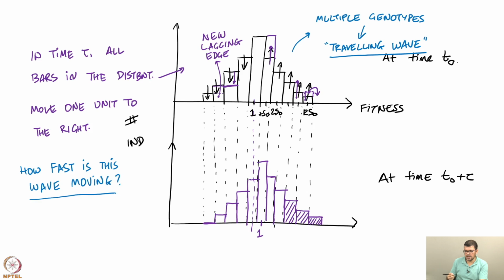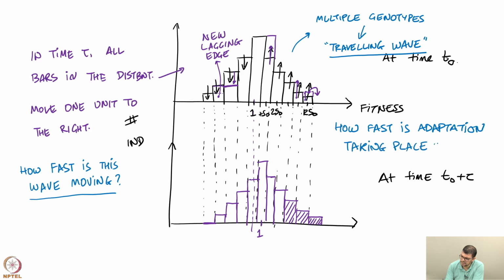This question also has another meaning, which we can ask as, how fast is adaptation taking place? And adaptation in this case is simply increase in fitness of the population. If you look at this picture in a slightly intuitive way, actually the answer is really simple.